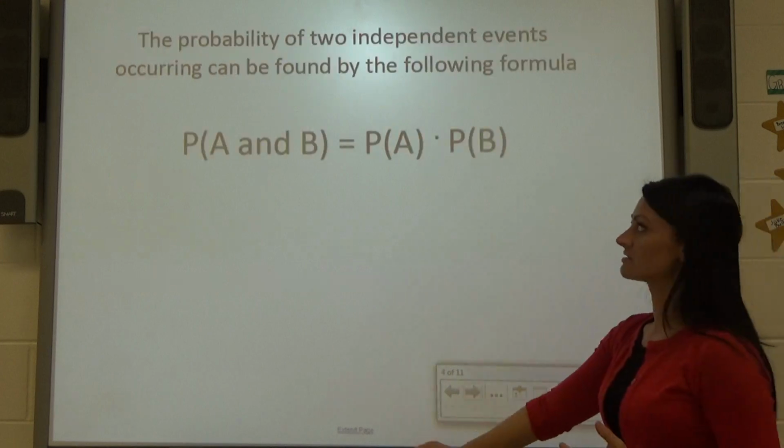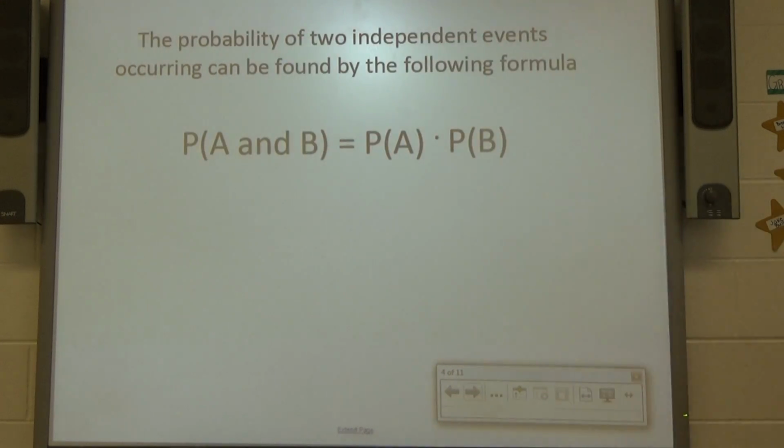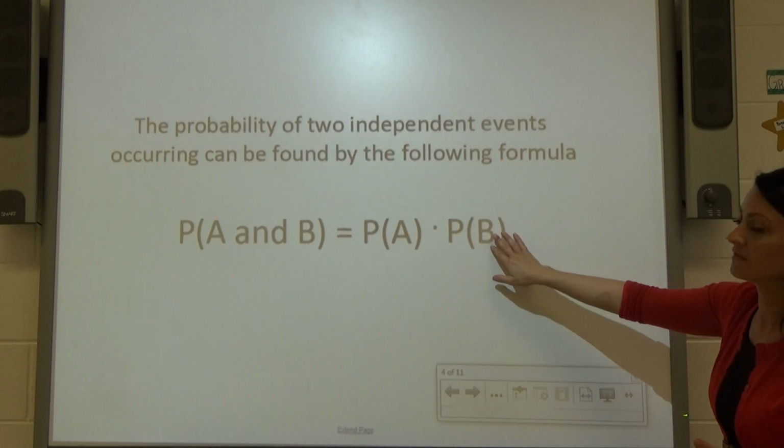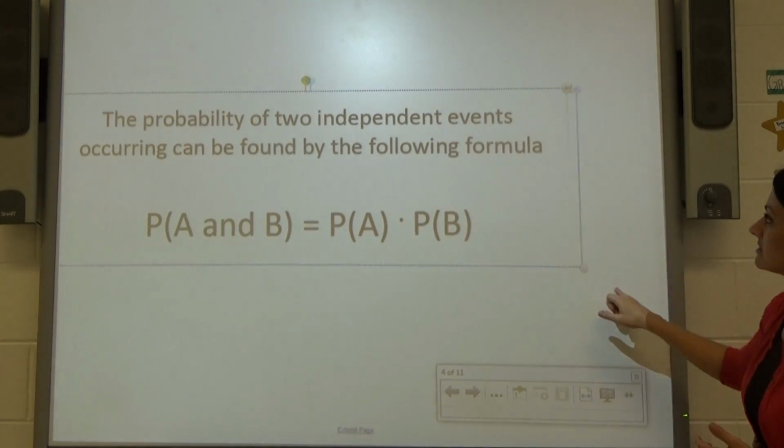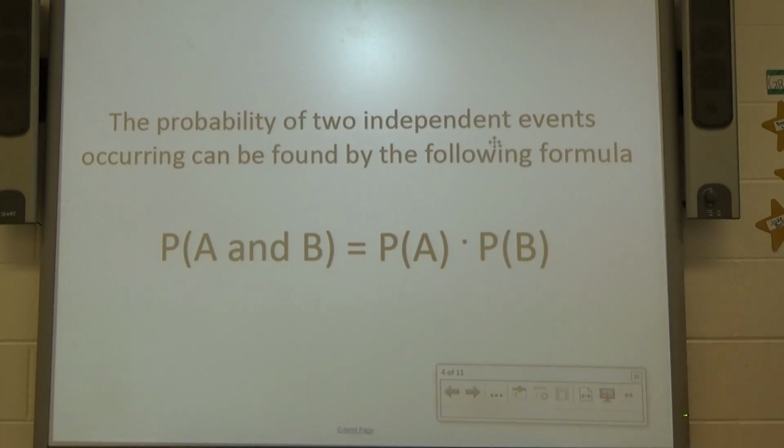The answer is multiplication. If they are independent, I'm going to take the probability of event A and the probability of event B and multiply them.